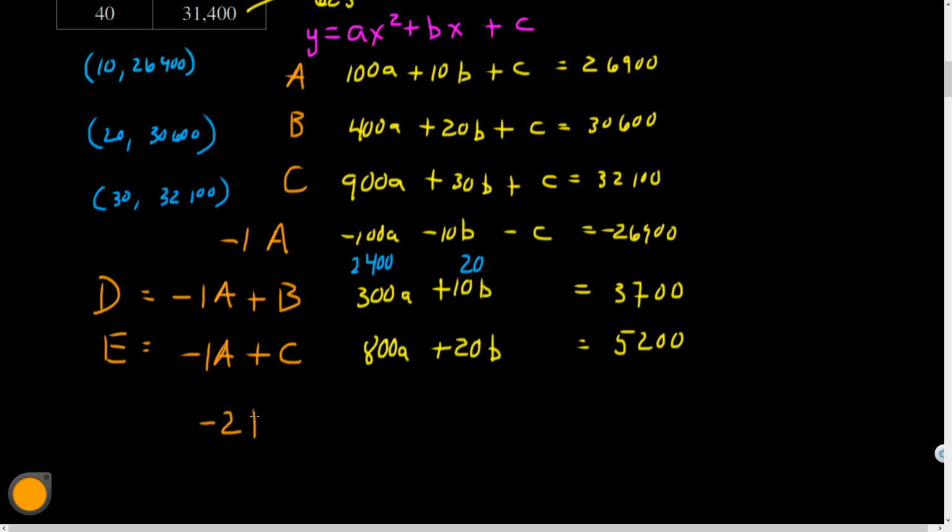So negative 2d would give me minus 600a minus 20b equals negative, what's that going to be? 7,400, I believe. And now I can combine negative 2d and e.